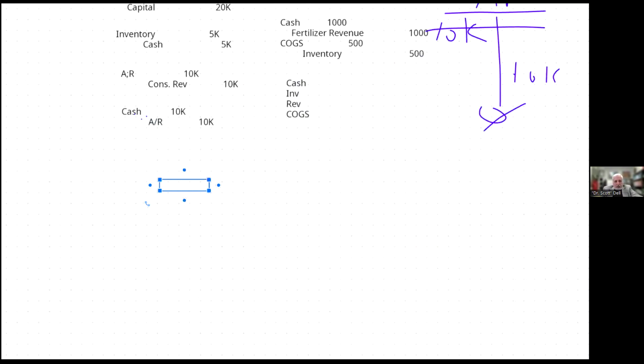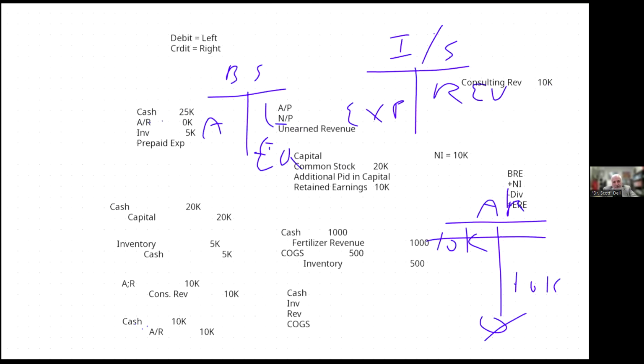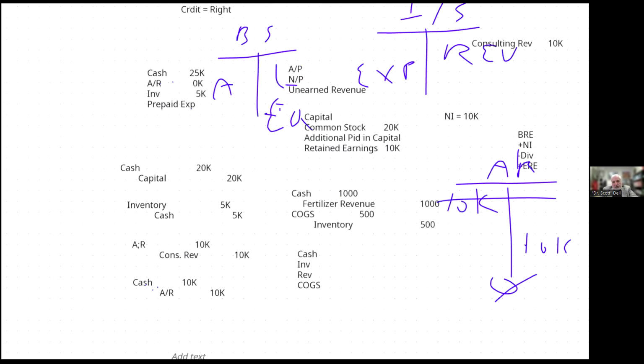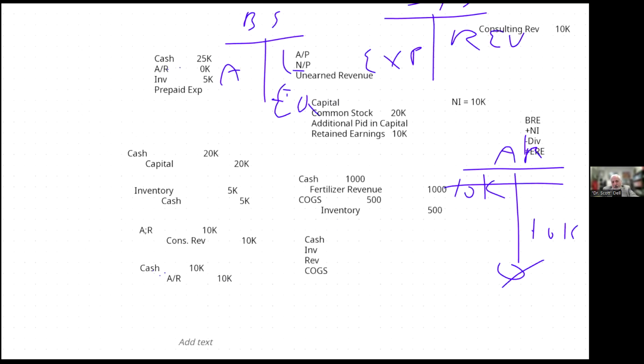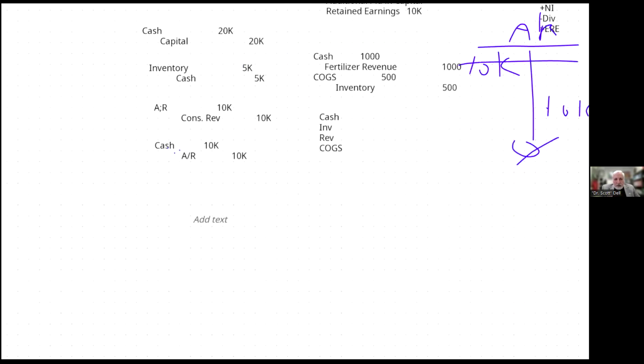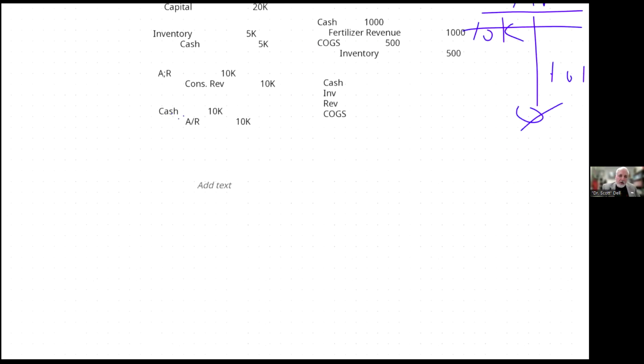You either need to look at the picture up top and know that normally you're going to left the assets, normally left the expenses, or debit them. Normally you're going to right the liabilities, right the equity, and right the revenue. But you notice cash went debited and credited for different transactions. So you need to memorize the picture or follow the following rules. Increase in asset, debit, abbreviated DR. Decrease asset, credit.